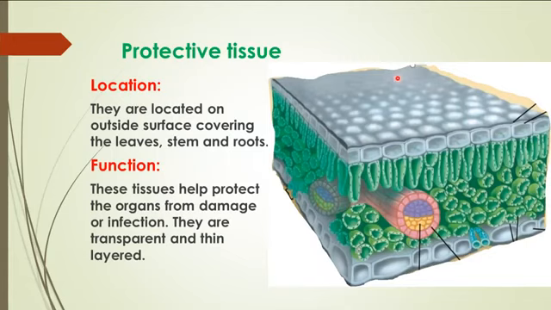This gray layer is the protective tissue. It is found on the surface of the leaf, on the upper surface and on the lower surface. The main function is to protect from infection or damage.